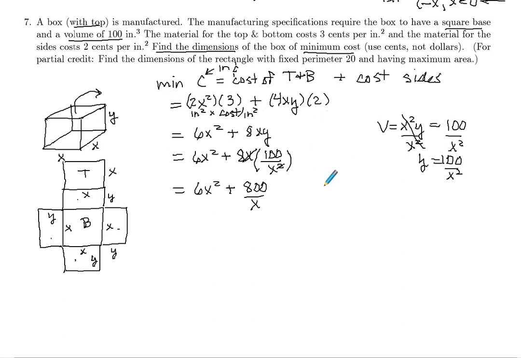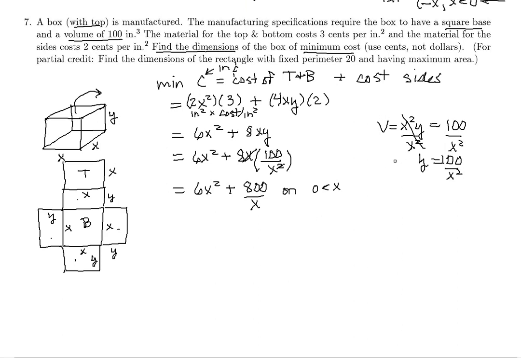Okay, but before we do that, let's do our interval here. So x here, remember, is the length of the base. So that certainly can't be smaller than 0. Actually, it would be strictly greater than 0. So x would be strictly greater than 0.